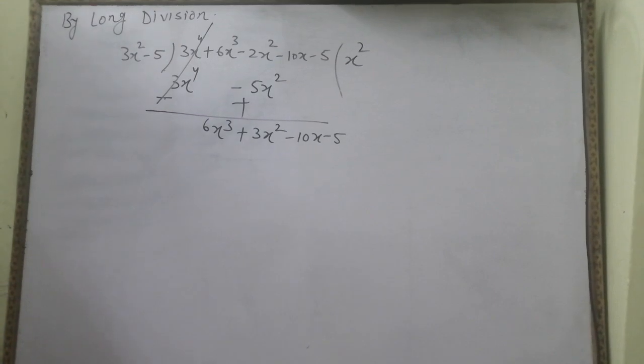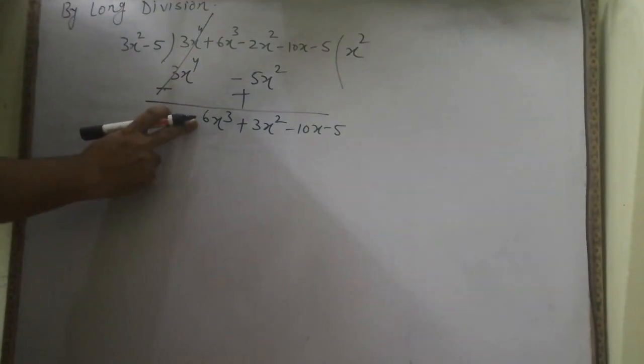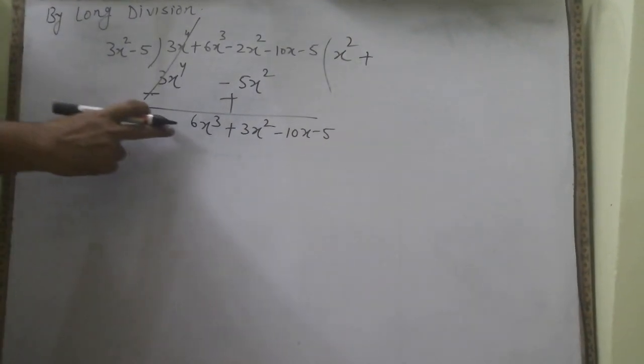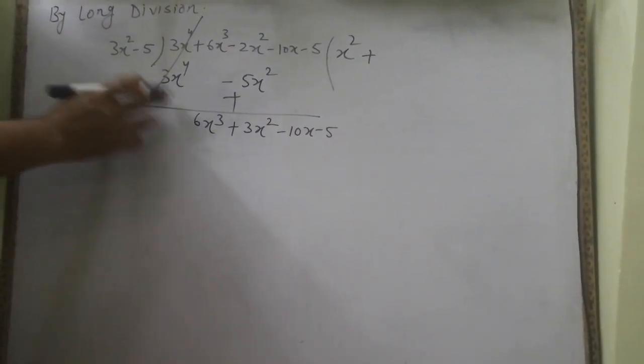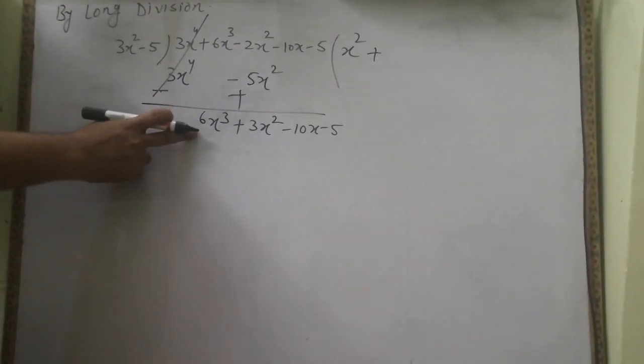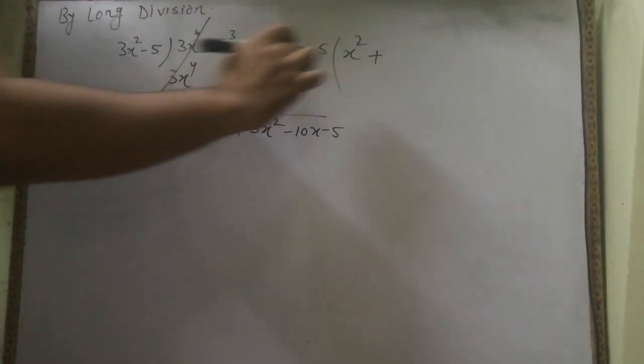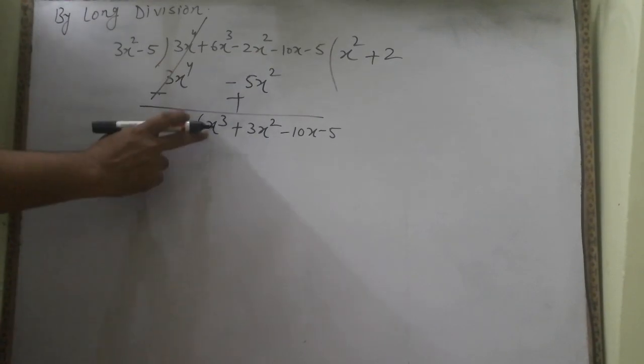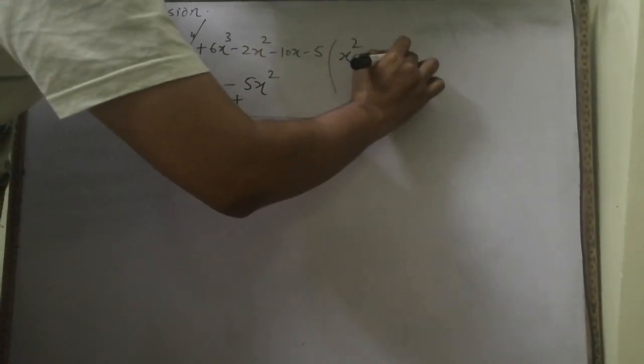Now here 6 is there, with the plus sign, so put the plus sign. Now how many times do you multiply 3 to get the 6? The result will be 2, so write 2. Then write x term, so first write x, then the power.